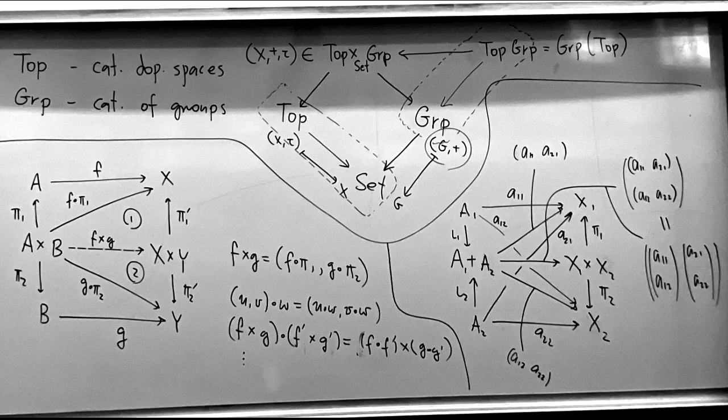But how will they become continuous? Yeah, but how will you get the plus to be continuous? Is that plus not a morphism of groups? Yes, it's a morphism of groups, but why is it continuous?